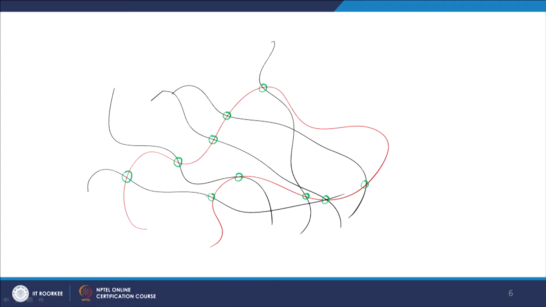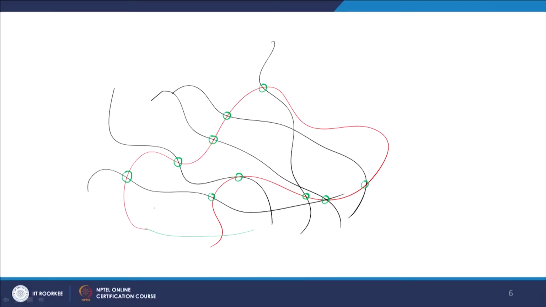So, now instead of saying that the junctions are being created or destroyed, when I move the chain it essentially forms some new slip links and some old slip links are destroyed.